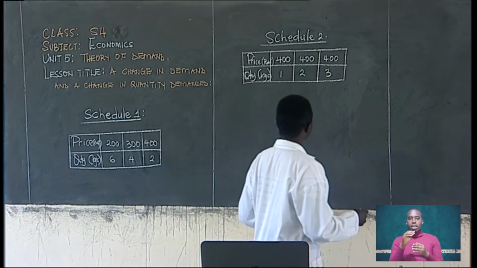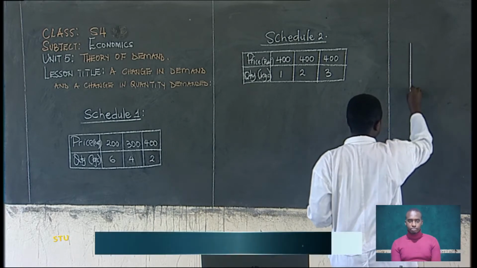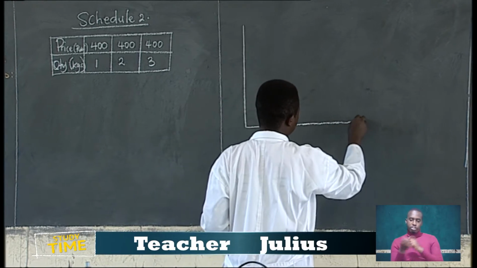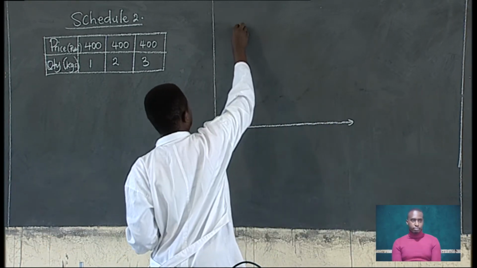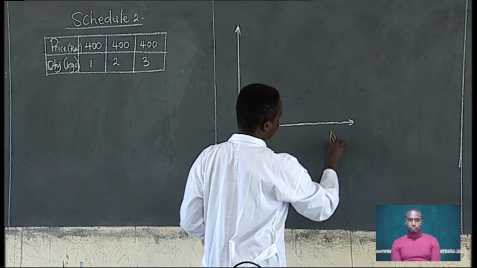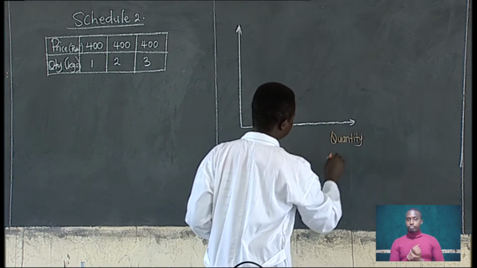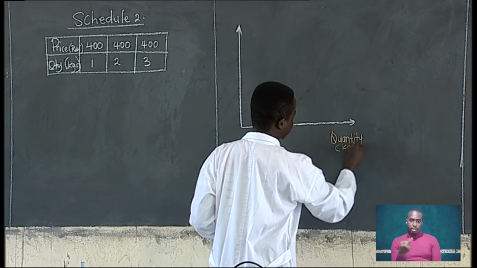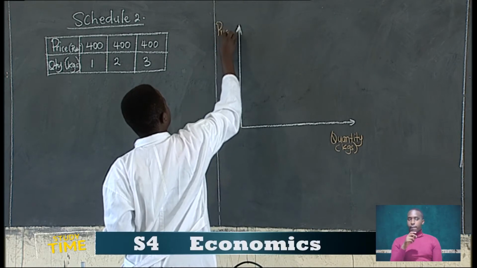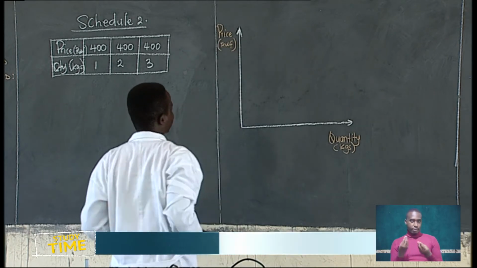If we try to illustrate that, a change in quantity demanded: if this is our quantity demanded on this axis, maybe in kilograms, then we have price here along the y-axis in Rwandan francs.